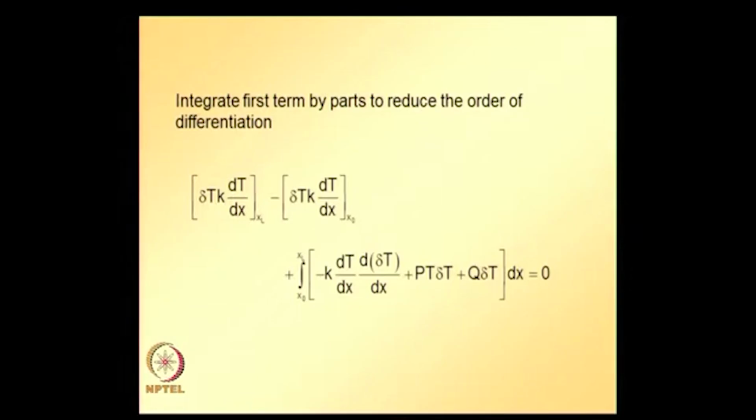So from variational identities, k times derivative of t with respect to x, derivative of variation of t with respect to x can be written as variation of half k times derivative of t with respect to x square of that.